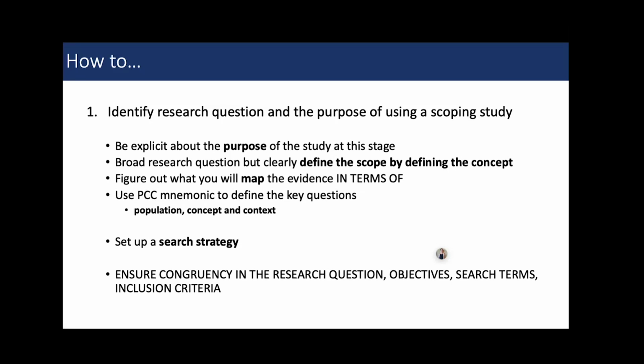Is it in terms of the range, or is it in terms of an existing framework? You can also use the PCC mnemonic to define the key questions. So that's population, concept, and context, instead of PICO, which I realized when I was trying to create a search strategy didn't really fit with what I was trying to do.